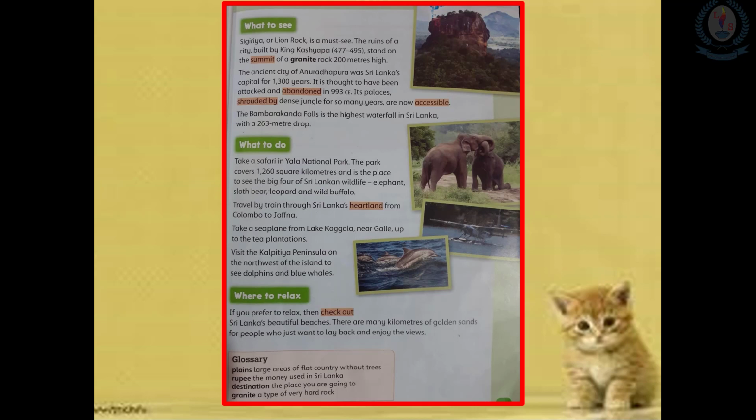There are many beaches with golden sands, so you can enjoy sunbaths and the beauty of those beaches. I think the lesson is clear for you. Next, I am moving to the comprehension part.